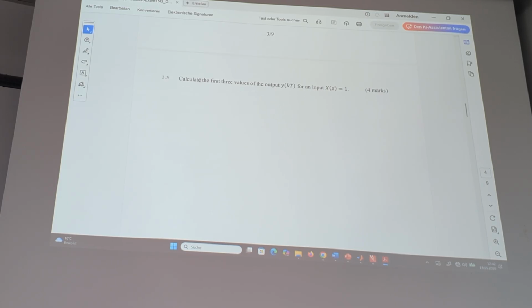And if we need the first 3 values of the output, we have the Z transform. What do we have to do? The transfer function is a numerator over denominator. Polynomial division. Yeah. So here you would have to do a polynomial division to calculate the first 3 values of Y.